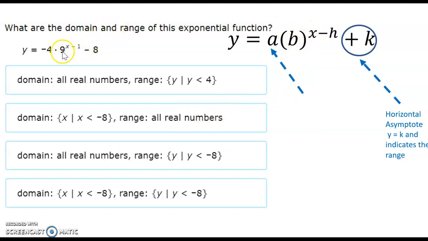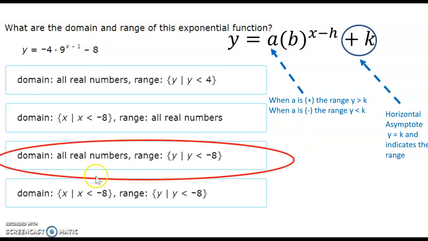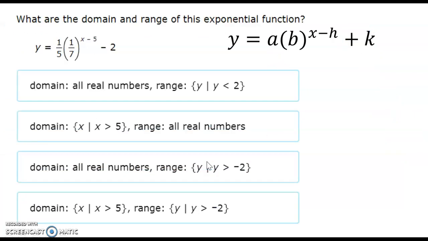My base raised to the power is 9 raised to the x minus 1, and that number in front of 9 is negative 4. Therefore, my a value is negative, which lets me know I should use y is less than k. Since I know my k value is negative 8, I know that my range should be y is less than negative 8, which is my third answer choice here. The domain is all real numbers. The range is y such that y is less than negative 8.